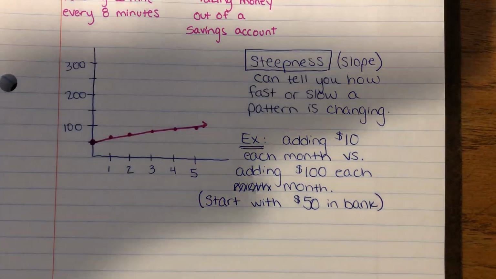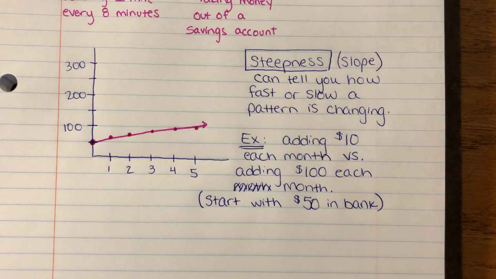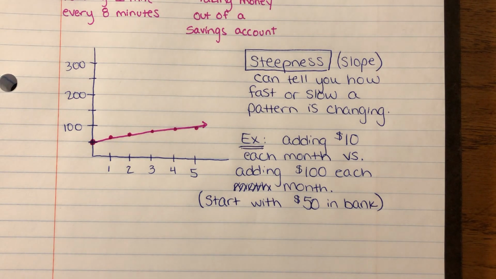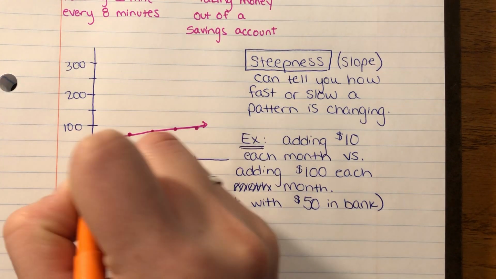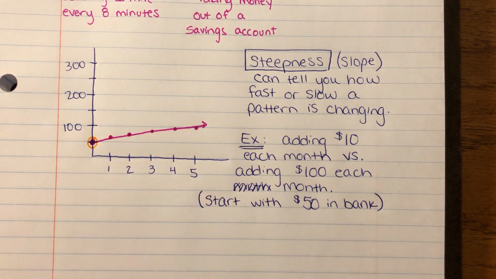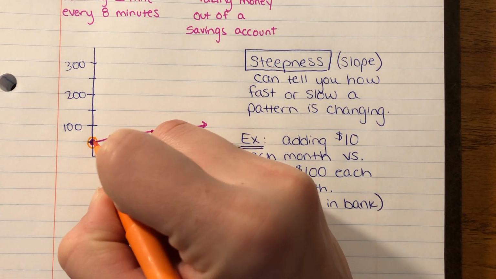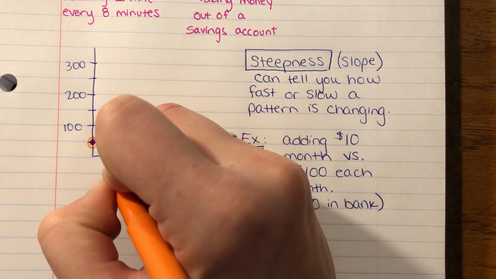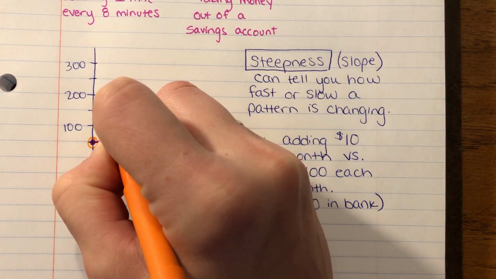So we've got a slow growth pattern starting here. Let's get a different color. The $100 a month plan also starts with $50 in the bank. So I'm also going to start at this $50 mark on my y-axis. This time we're adding a lot more money as the months go by. So starting with $50, if I add $100, that's going to bring my total up to $150 after the first month.